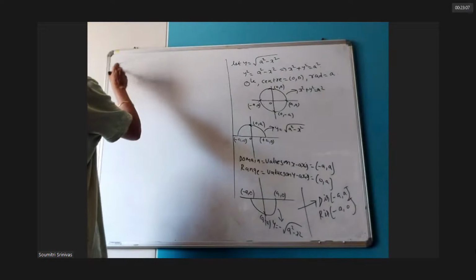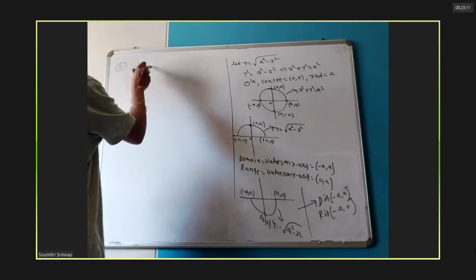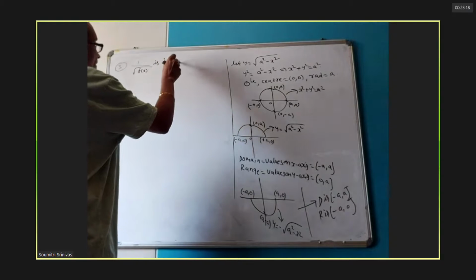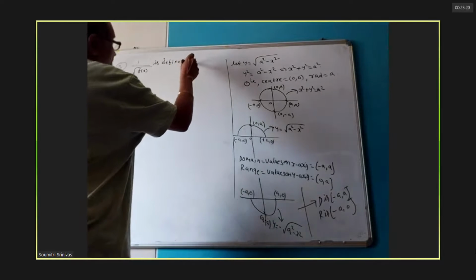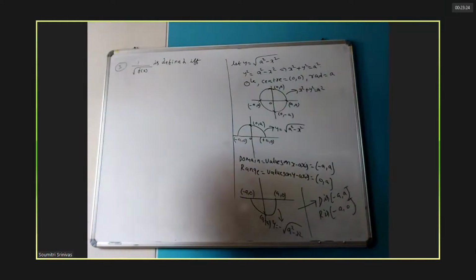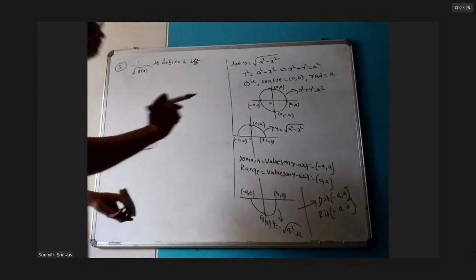3. When is 1 by square root of f of x defined? One by square root of f of x is defined only if square root of f of x is not equal to 0, greater than 0.